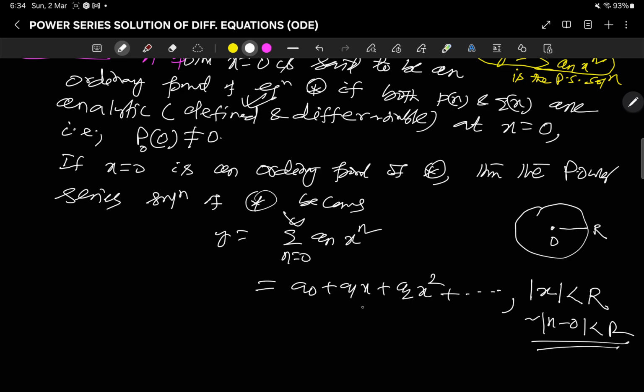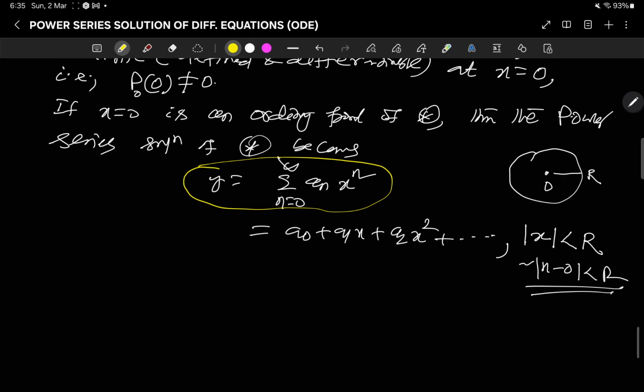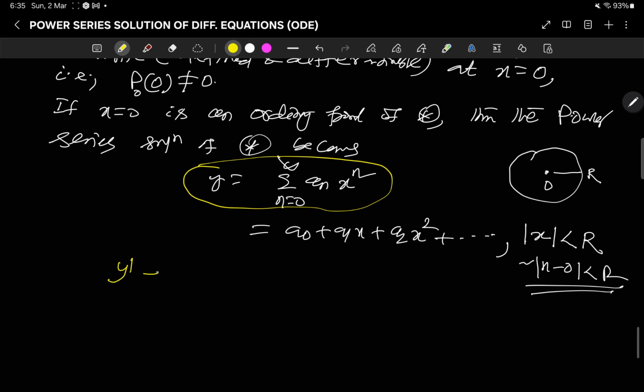Now in view of this, we will find the power series solution. If my y is this, and I want to find the derivative, what is y dash? The derivative of x to the power n is n into x to the power n minus 1. If I put n equals 0, it is 0, so I write n equals 1 to infinity; however, if I write 0, there is also no issue.